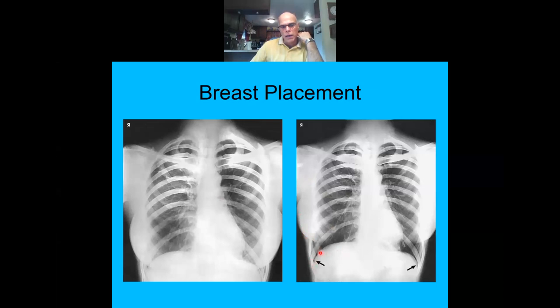And we do that because right here you can see it's hiding, and it kind of looks like they may have some type of fluid because it's lighter here. It's not got any air. Can't see any air in that costophrenic angle. Here, by lifting and separating the breast, you can actually see the costophrenic angles. And again, we'll talk about that, but keep in mind that this is something in the medical world that we have to do on a daily basis. We'll actually have to ask patients to help out with this and take care of this problem, because again, these little costophrenic angles, cardiophrenic angles are very, very important in a chest x-ray.